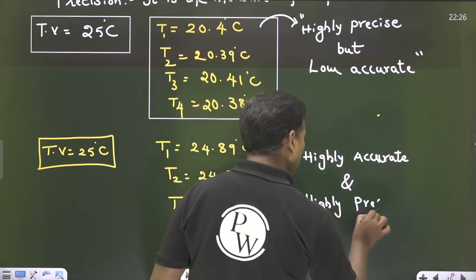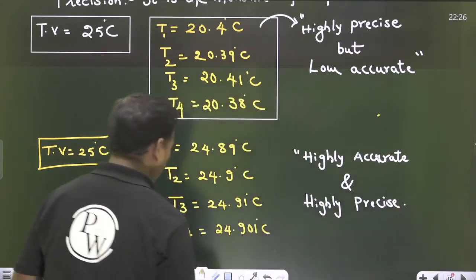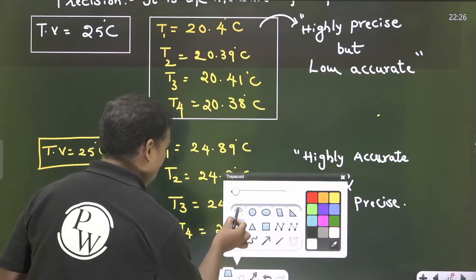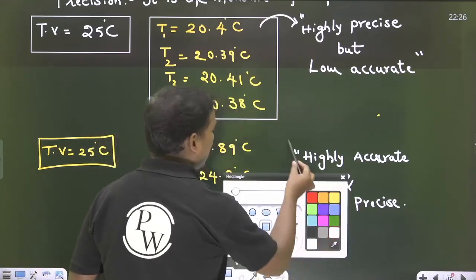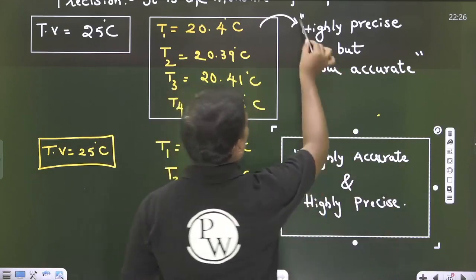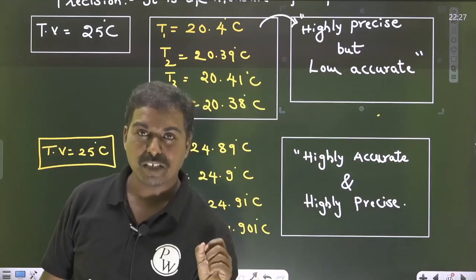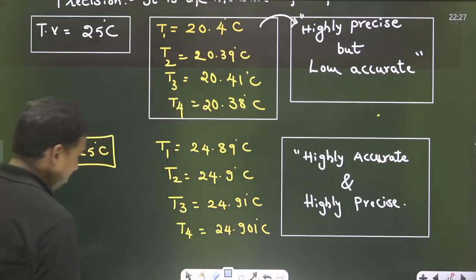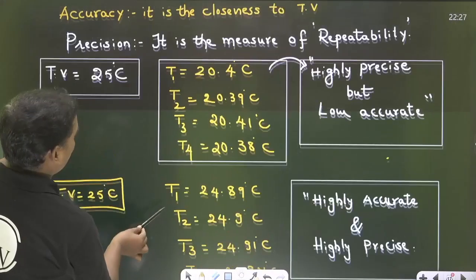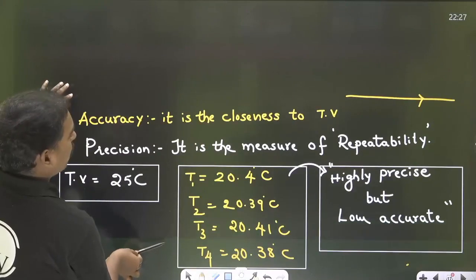Please make a note of this point: highly accurate means highly precise. Highly precise does not mean highly accurate. So these are the points you have to understand. Now, in the question, what is given?